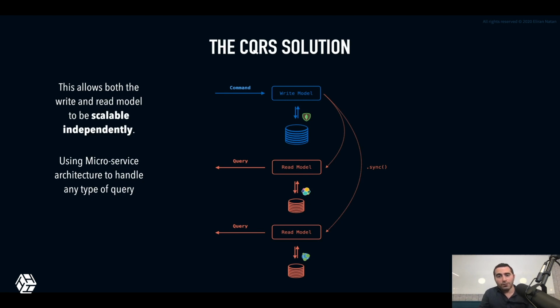And then I could get a very fast text search. Whereas my second read model is using Neo4j as the technology, and then I could support graph queries. So I keep in sync those two read models, or however many I need, with my write model.